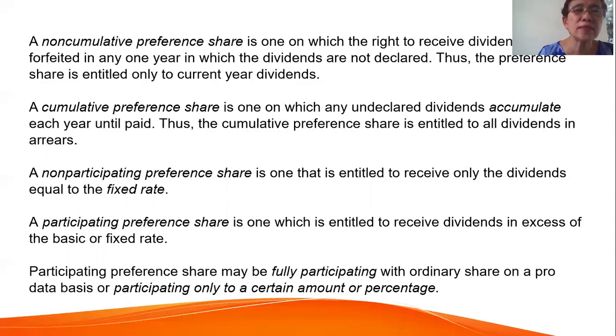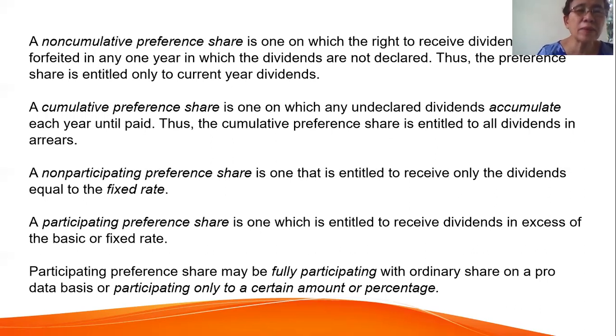Thus, the share is entitled only to the current year's dividends. So in other words, your dividends do not accumulate. Cumulative is one on which the undeclared dividends accumulate each year until paid. Thus, the cumulative preference share is entitled to all dividends in arrears.